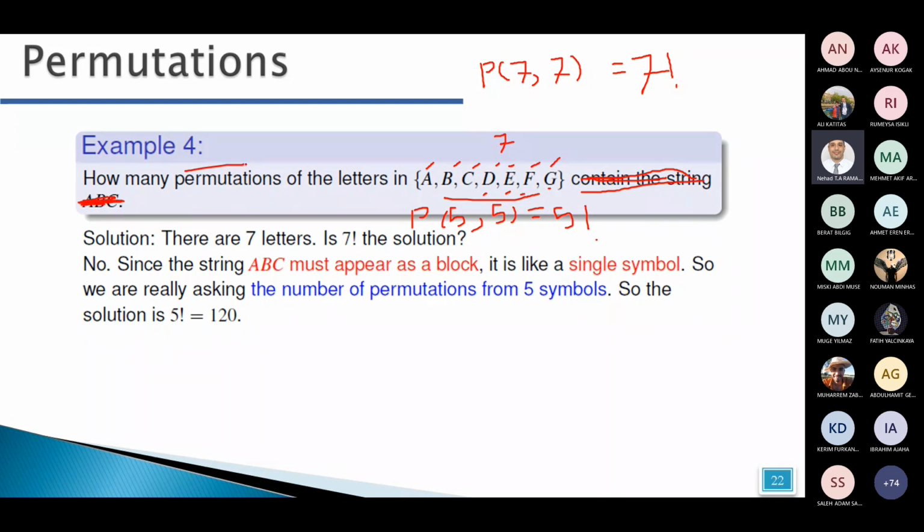This is the meaning of permutation. What's the order for these 7 letters? So it's 7 letters out of 7 letters in a specific order, or in a different order. So it's 7 factorial. Okay, hopefully you understand it.